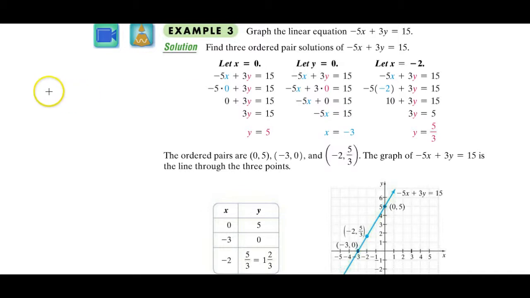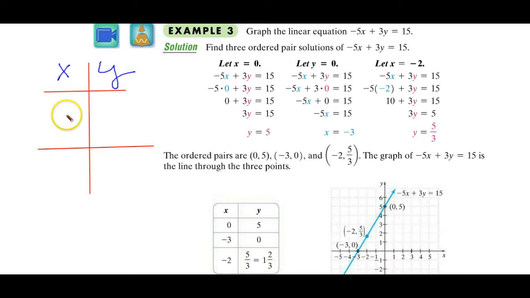And this is a special kind of T-chart. Now, in this T-chart, we have an X and a Y, but we only have 2 points. We put a 0 there and a 0 there. And this type of T-chart is particularly useful when your equation is in standard form.